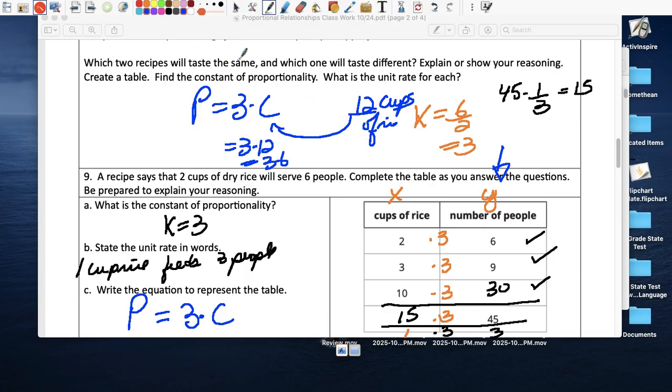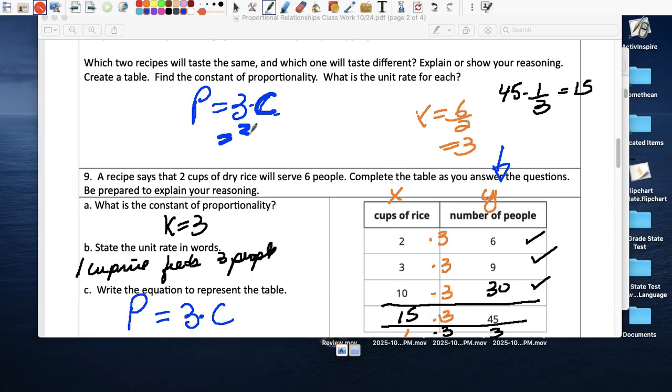What if I had 20 cups of rice? Well, I would go 3 times 20. And that gives me 60 people.